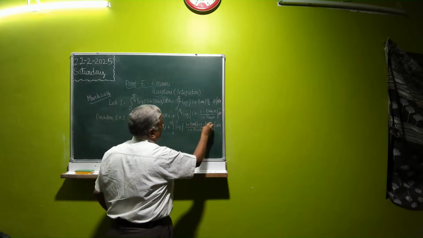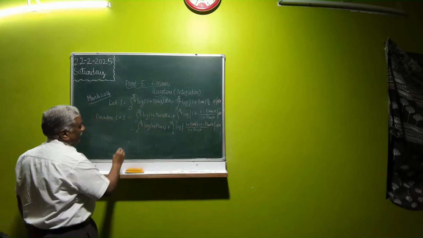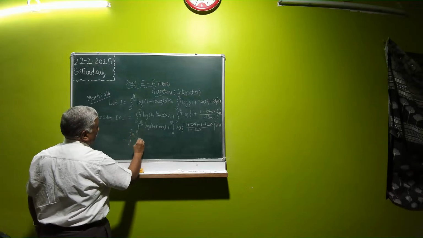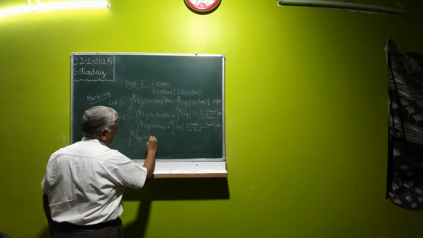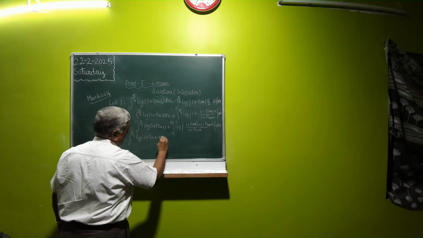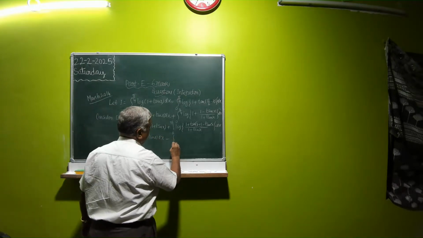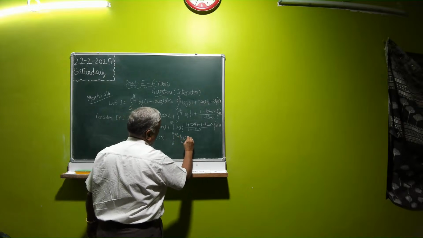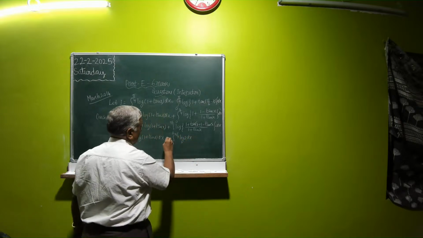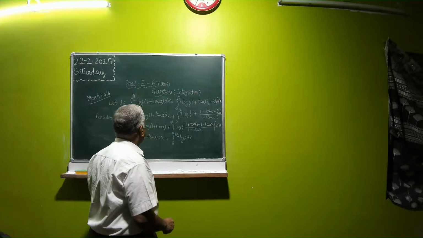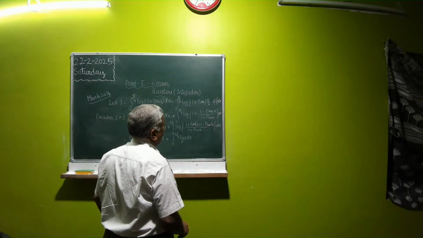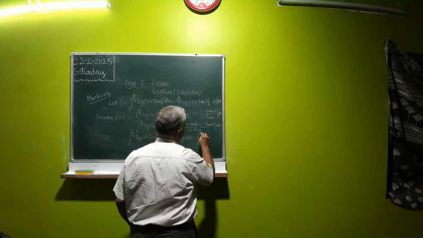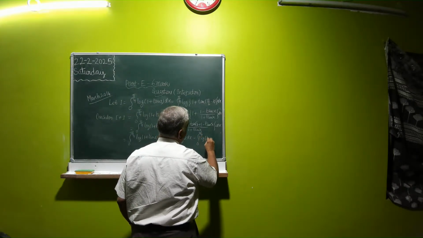So tan x and tan x will cancel. So we write this as the integral from 0 to pi by 4 of log of (1 plus tan x) dx, plus the integral from 0 to pi by 4 of log 2 dx, minus the integral from 0 to pi by 4 of log of (1 plus tan x).